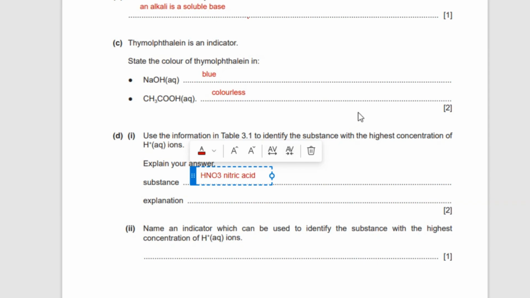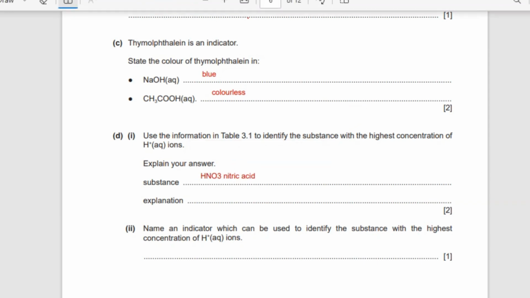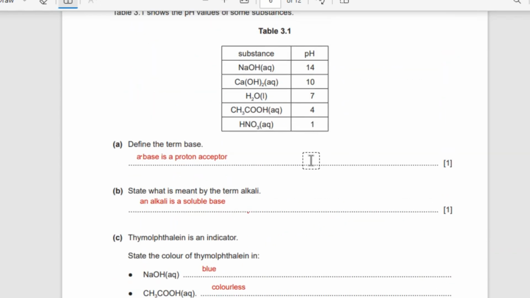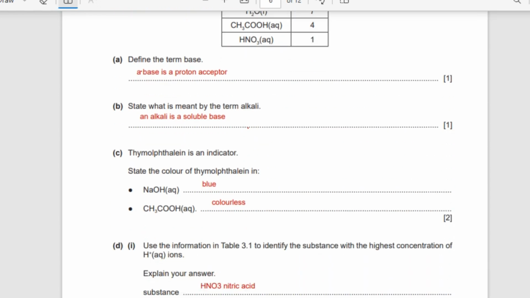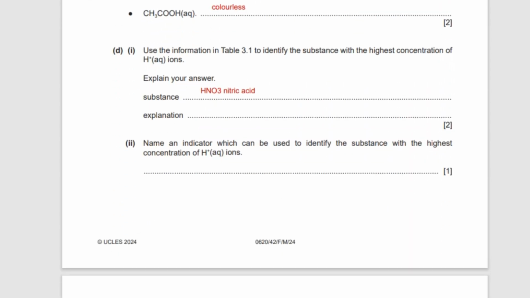Okay, so what you are writing is HNO3 because that is what is on the table. That's the substance that has the lowest pH and the highest hydrogen ion concentration.